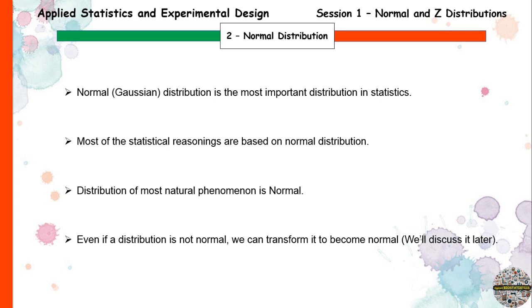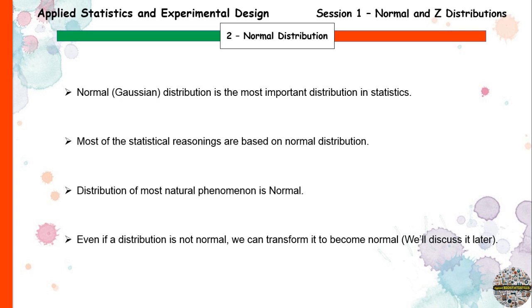And as you know, the distribution of most natural phenomena is normal, like weight, IQ, height, the yield of crops. And if you measure several samples and draw a plot like a histogram, you see that the distribution is somehow like a normal distribution or a bell-shaped distribution, and we talk about it further.